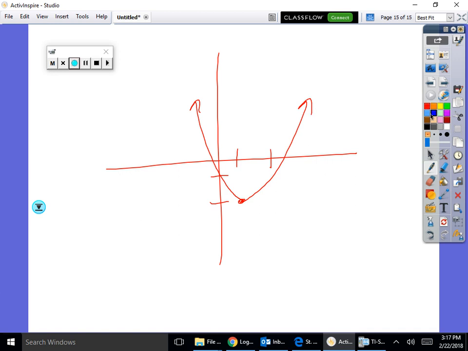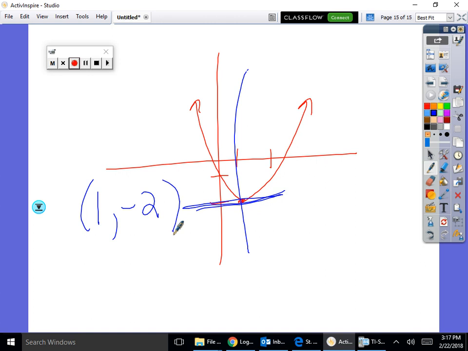So I just put a cross through it. Bam, bam. What number did I hit on X? 1. What did I hit at Y? Negative 2. When I write the equation, my X is crazy. So am I going to write plus 1 or minus 1? Minus 1 squared, and then minus 2.